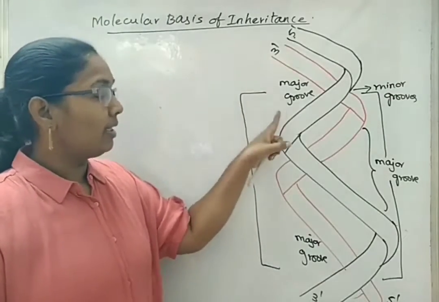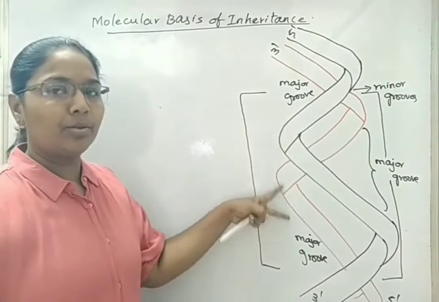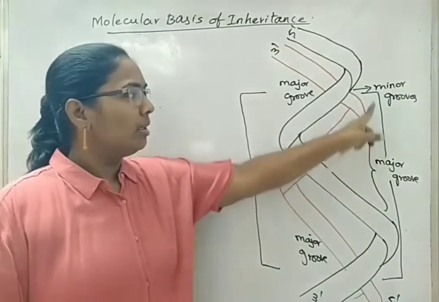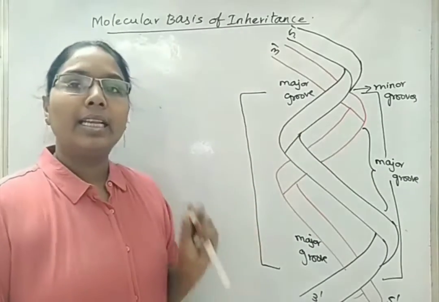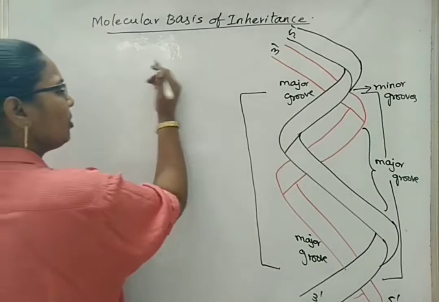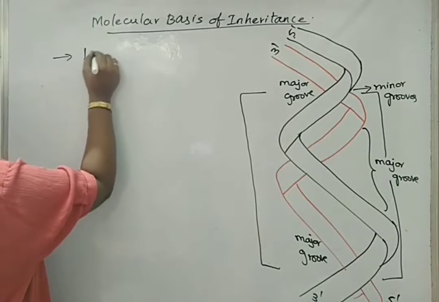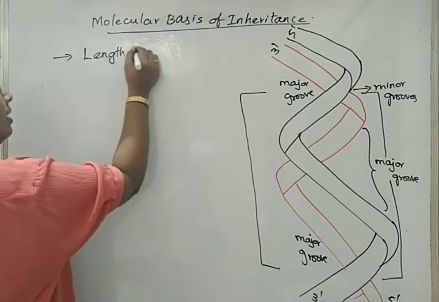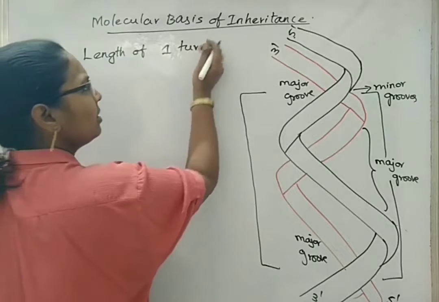The distance between two major grooves on one side, or between two minor grooves on the other side, is considered as the length of one turn of the DNA.